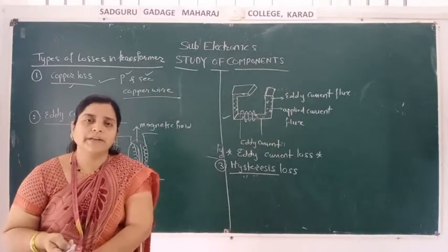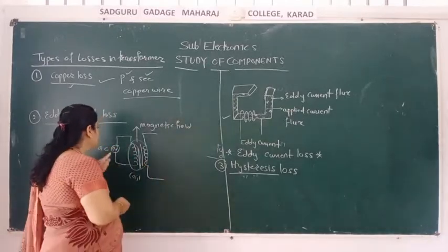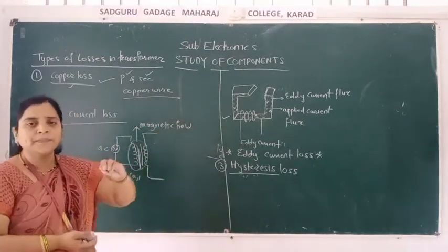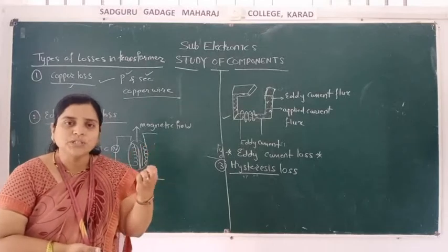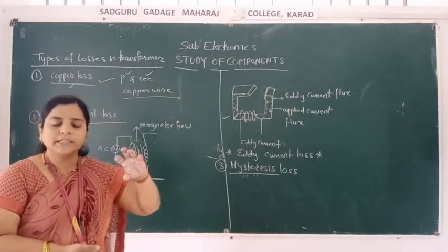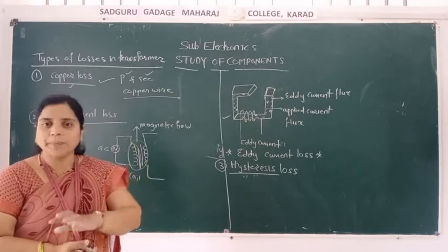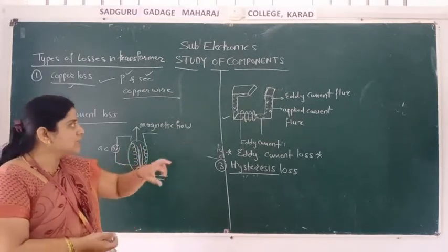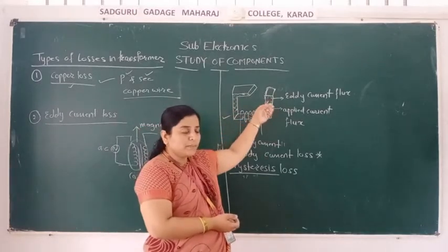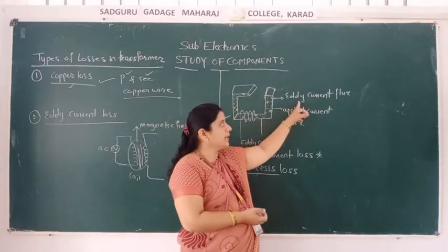Means what? Whenever an AC signal is given to the transformer, it induces a voltage when power is given. When the voltage is induced, current will pass through that. At that time that current will be exactly opposite to what? The eddy current.